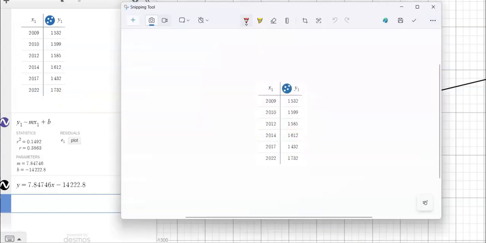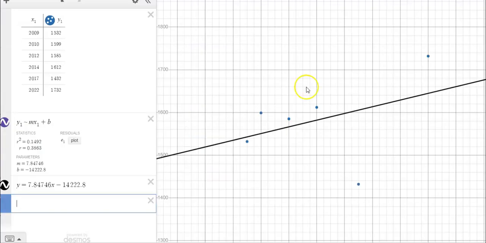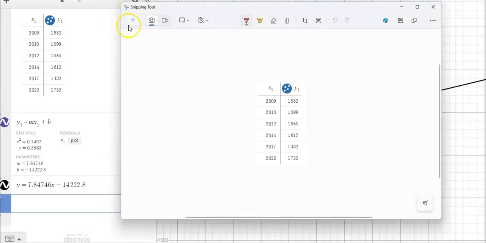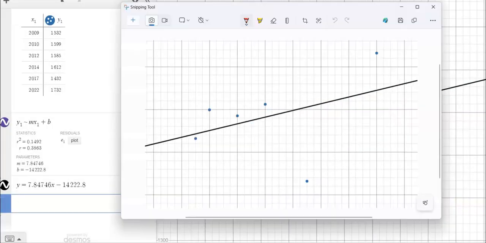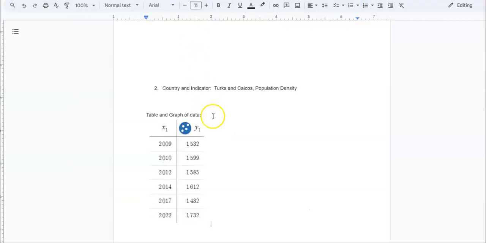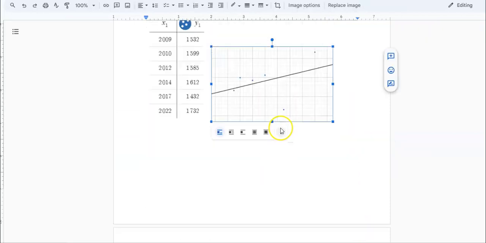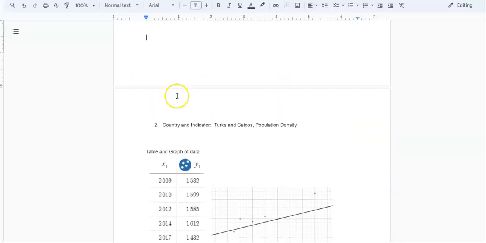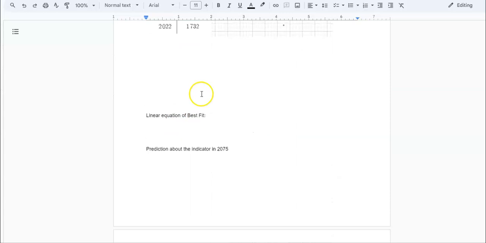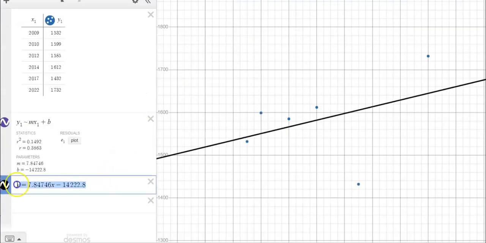I have my table. Here's my table, and then I'm going to do the same thing with my graph, which is this. Copy. And I copy that, and I'm going to make it smaller so it fits right next to it. Okay, so now my equation of best fit was this.